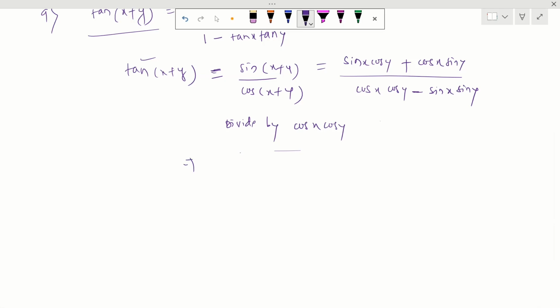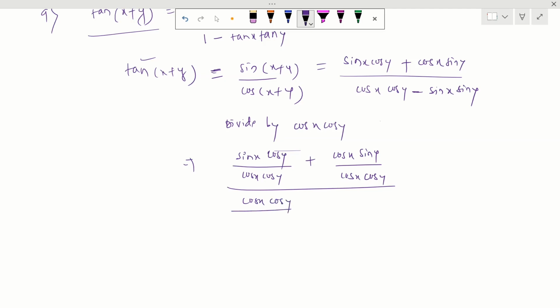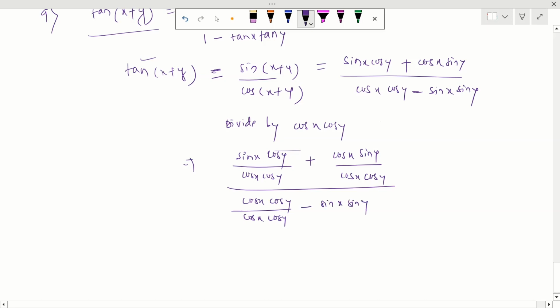Then I can write here sin x cos y divided by cos x cos y, and the second term is cos x sin y divided by cos x cos y. All terms I am dividing by cos x cos y, and in the denominator cos x cos y divided by cos x cos y, and here minus sin x sin y divided by cos x cos y.